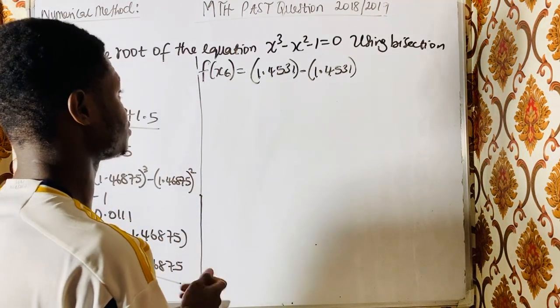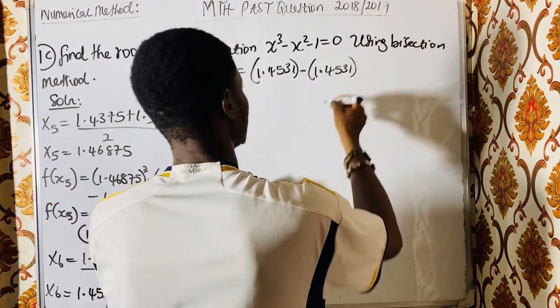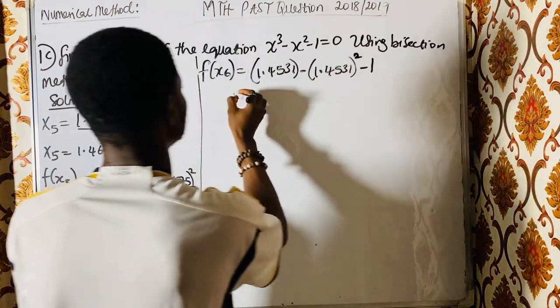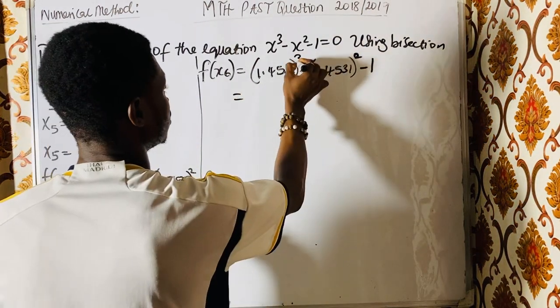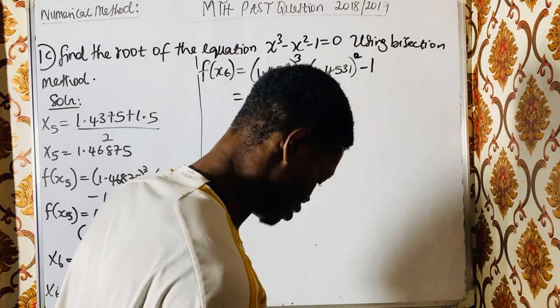So we'll be having squared minus 1. So when you punch it, we'll be having this.